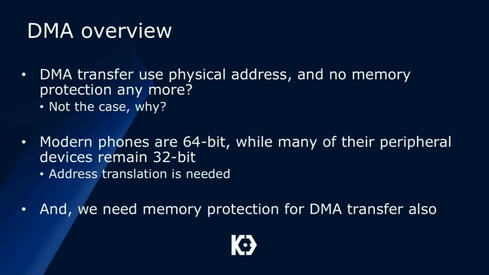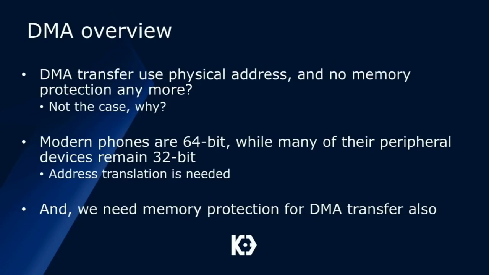And the next question is, does the DMA transfer use the physical address? If that is the case, no memory protection is involved anymore. But definitely it is not the case. Why? The first reason is that modern phones are 64-bit, while many of their peripheral devices remain 32-bit.